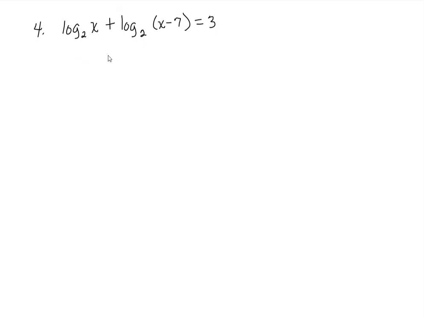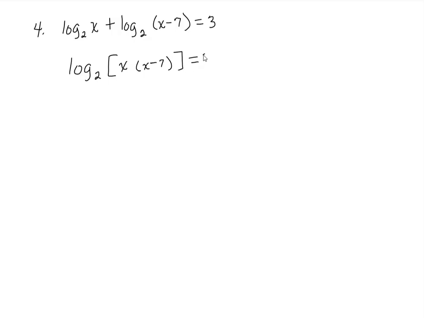I'm going to simplify this side of the equal sign by combining these two terms into a single logarithm. And it goes back to the properties of logarithms that we did in section 10.4. I have the sum of two logs. That means I can multiply these two arguments together to combine them into a single logarithm.